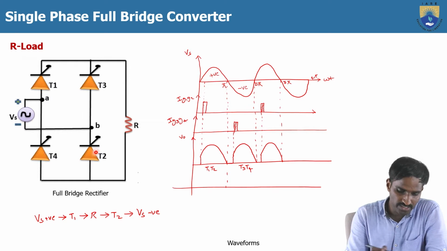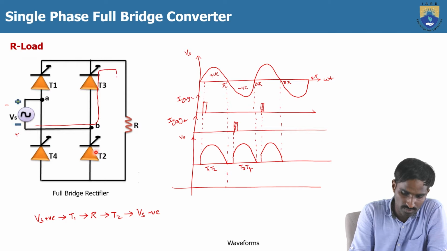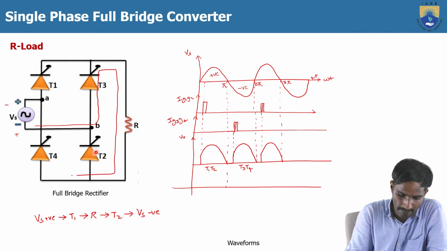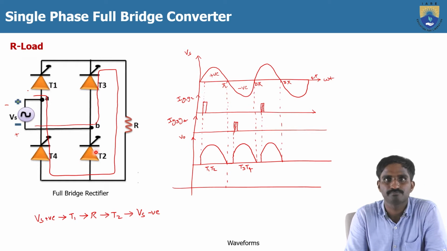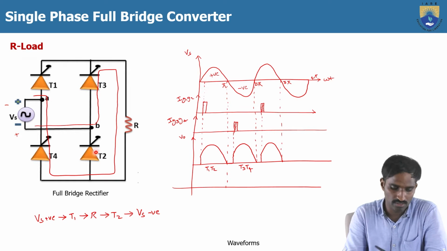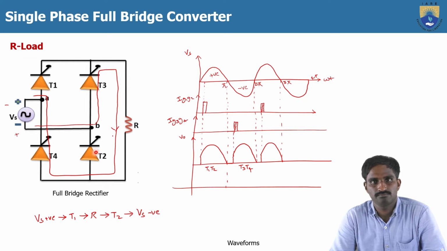When T3 and T4 are turned on, because of the negative voltage, because here it is minus and here it is plus, the load current will flow from here to T3 to load to T4 to the point A. So this is the direction of the load current.